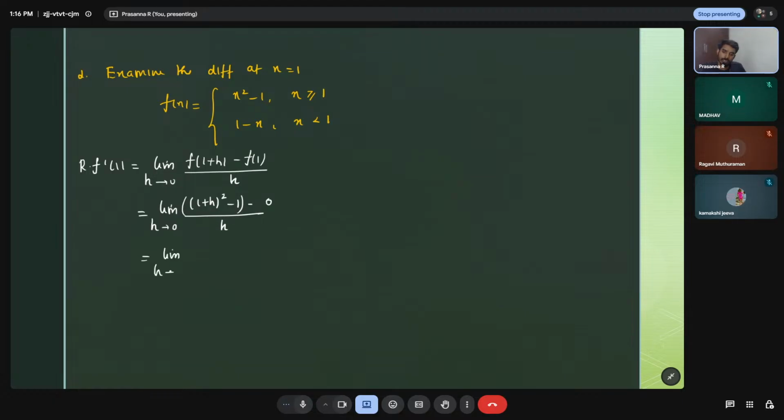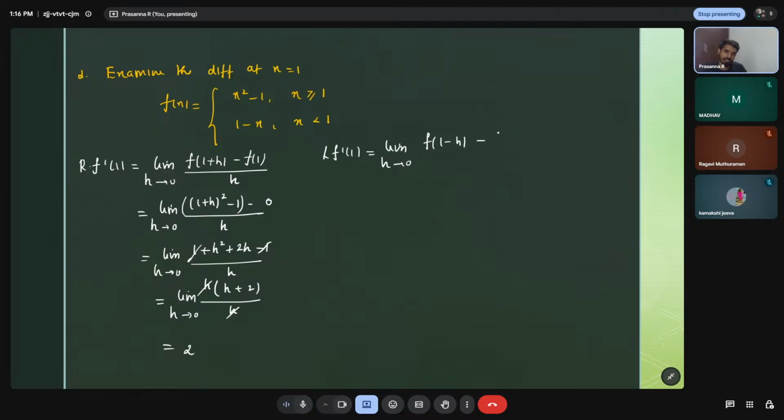This is limit h tending to 0, 1 plus h square, that is 1 plus 2h plus h square, minus 1, by h. These two will get cancelled. Limit h tending to 0, you take h outside. These two will get cancelled. So 2 is my R of f dash of 1. Now similarly, you find L of f dash of 1. So limit h tending to 0, f of 1 minus h minus f of 1 by minus h. Here f of 1 minus h uses 1 minus x, and f of 1 is 0.